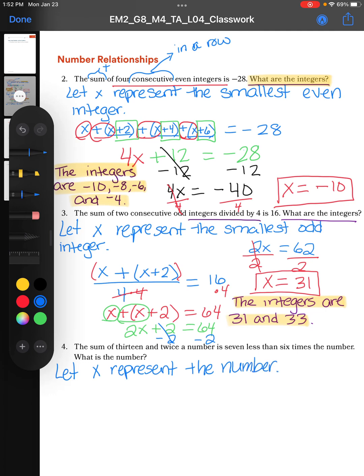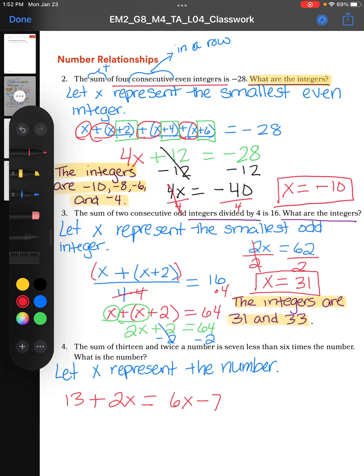So now that we have this variable defined, we can go back through, reread the problem, and see if we can set up an equation. The sum of 13 and twice a number, we don't know what the number is. The sum of 13 and twice a number is 7 less than 6 times the number.